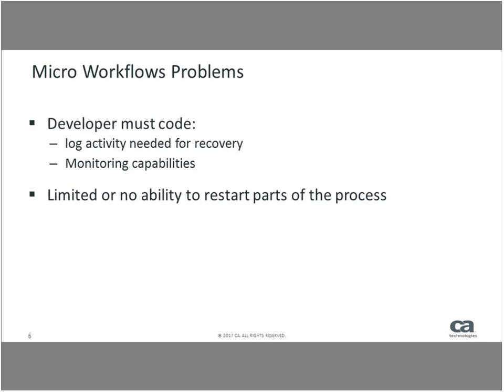In a lot of cases, with the micro workflow, the developer is in charge of more things, like the log activity needed for recovery. They have to make sure that whatever checks they're doing, they're getting the output from those things and putting it out, so that if you're using CA Workload Automation tools and running them with our agents, it will be in the spool file.